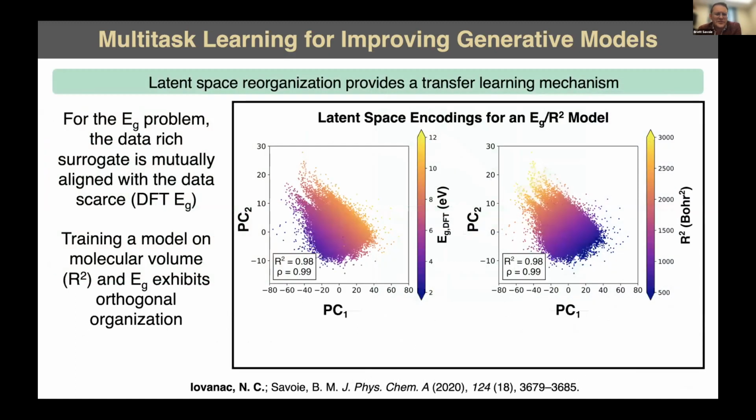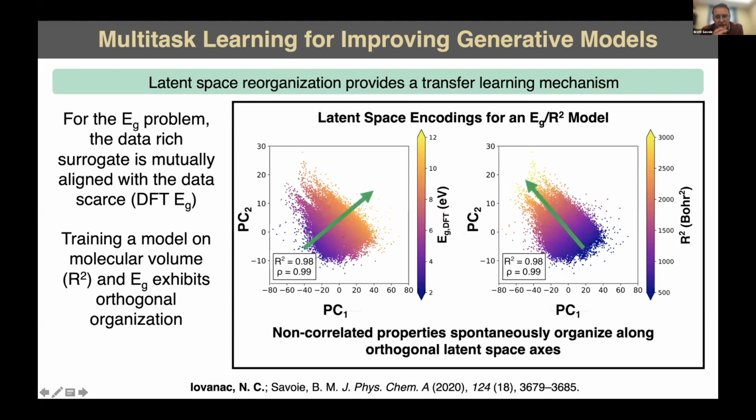All right, what if we use two properties that are orthogonal to each other, like the band gap and the spatial extent of the molecule? If I look at the latent space, the model recognizes that these are independent properties and it spontaneously organizes them orthogonal to each other. So these properties that are unrelated to band gap don't actually hurt the organization with respect to band gap.